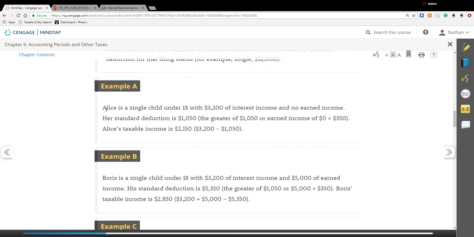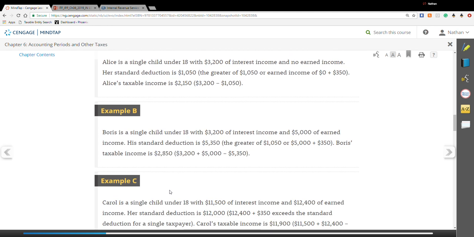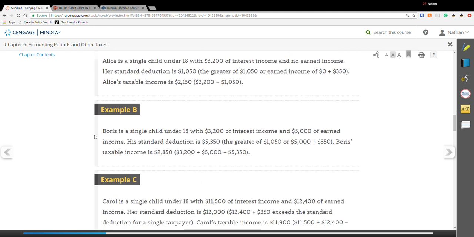Here we go. Alice is a single child under 18 with 3,200 of interest income and no earned income. Her standard deduction is 1,050, the greater of 1,050 or earned income of 0 plus 350. So her taxable income is 3,200 minus the 1,050, which is 2,150.